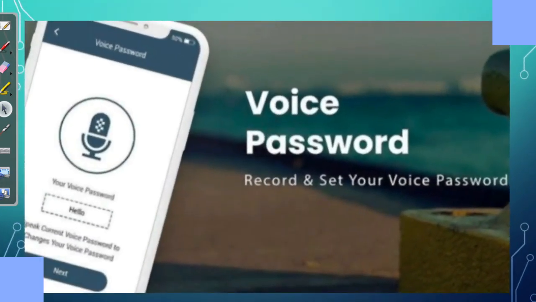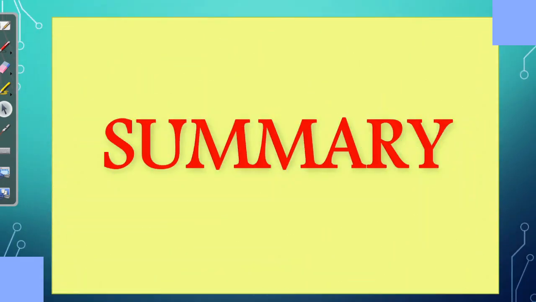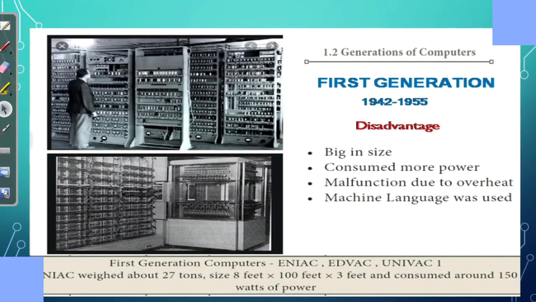Now we will move to the summary of this session. What are the things we have gone through? Okay, we saw what a computer is, how computers are used nowadays, what the various uses of a computer are, and what the various generations are. First generation computer, 1942 to 1955.